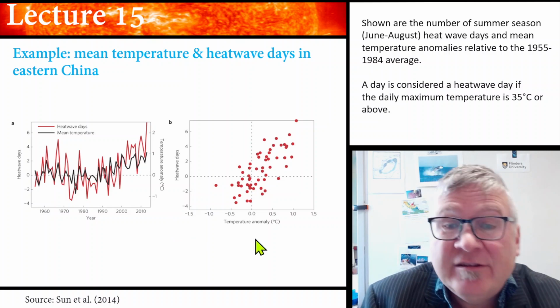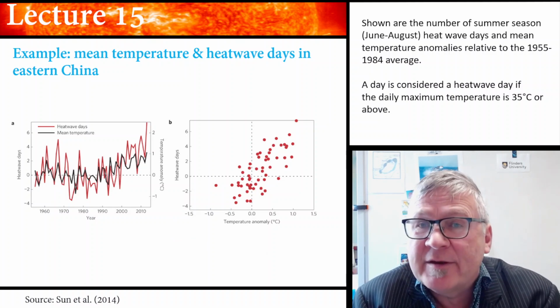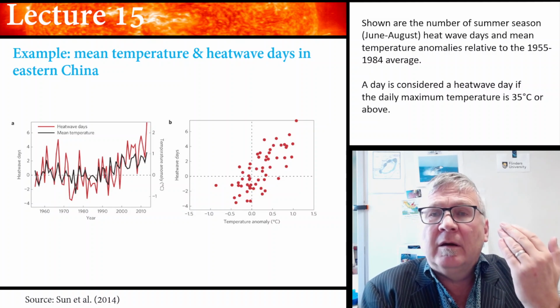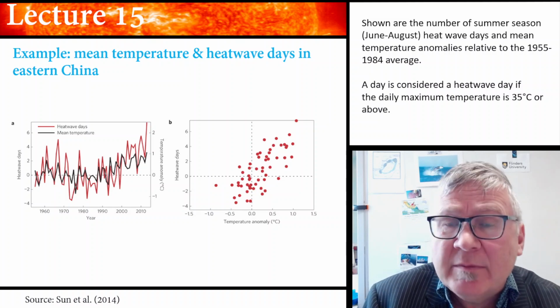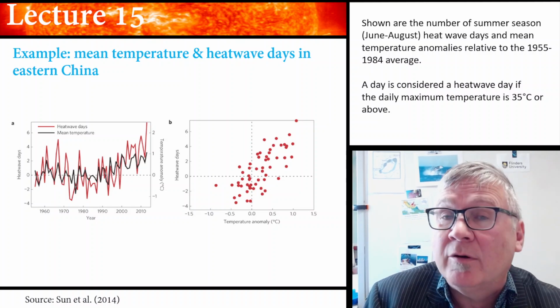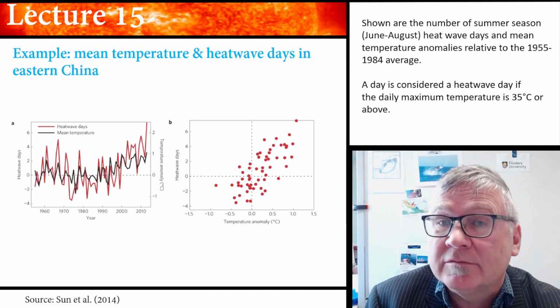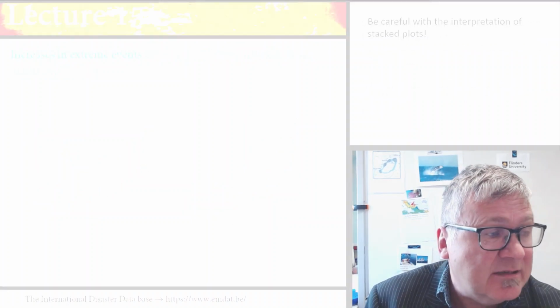All right, I don't want to interpret too much. I want to show you some examples of how you can analyze extreme events based on one-day data and just counting. That's what you essentially do here in these examples.